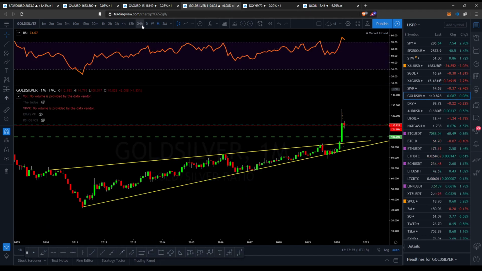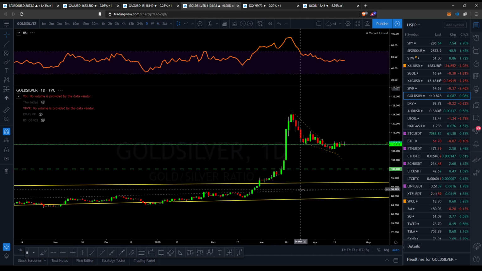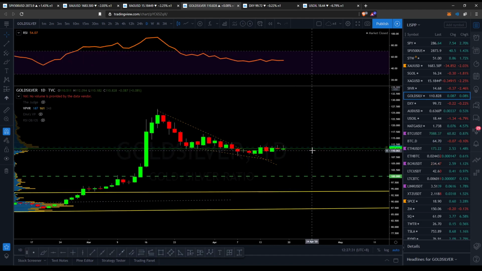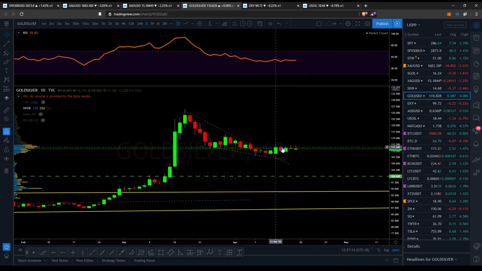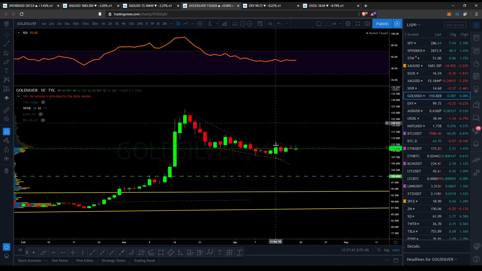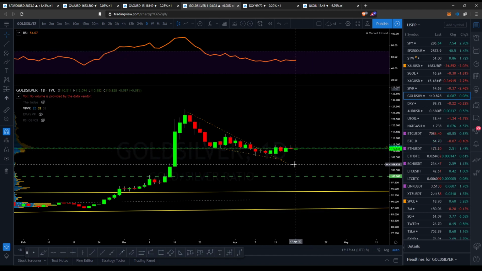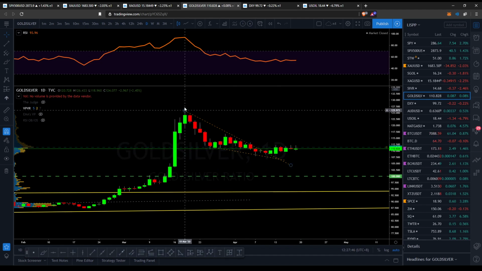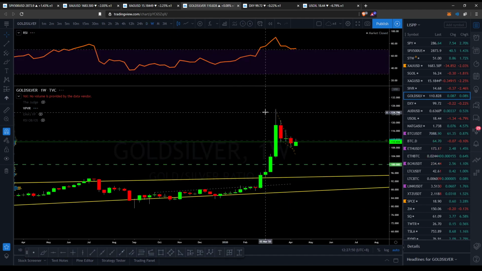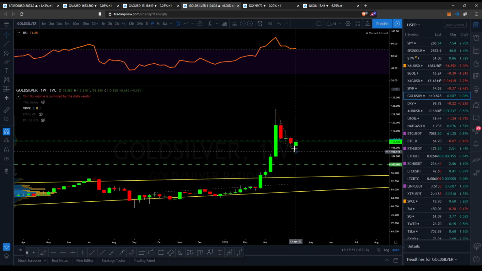depending on the gold and silver ratio, because on the gold and silver ratio, we had the falling wedge here, and we broke upwards, but now we seem to be stalling here, unable to break up above this horizontal of 111. So if we do break down, that means silver will be a better buy. That means we will still be downtrending on the daily, and we are consolidating still on the weekly.